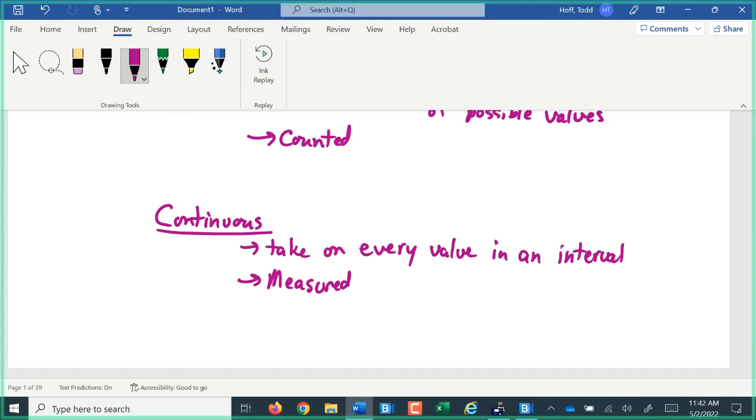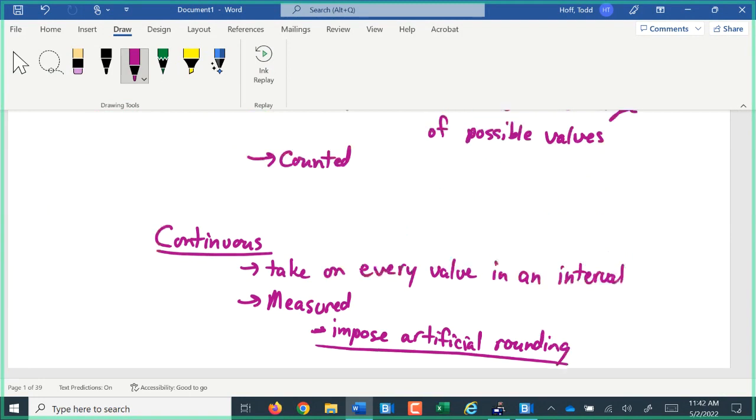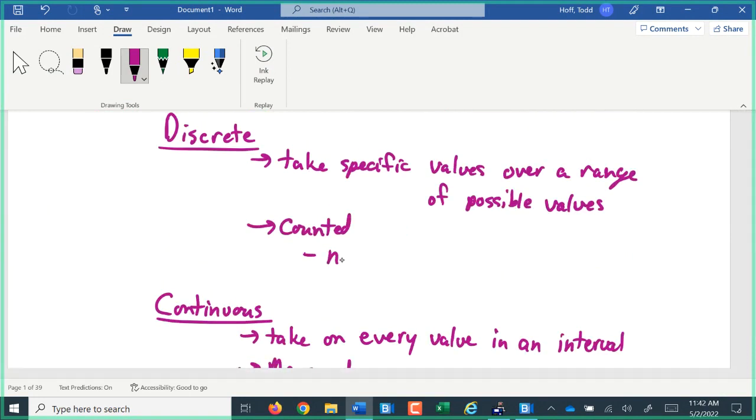Well, that can be anywhere from 0 to however many minutes it might take, and every value in between. You can't just count the minutes or the seconds, you can take portions of it. Typically, when we measure these values, we impose our own rounding. Whereas with the discrete variables, there's natural rounding.